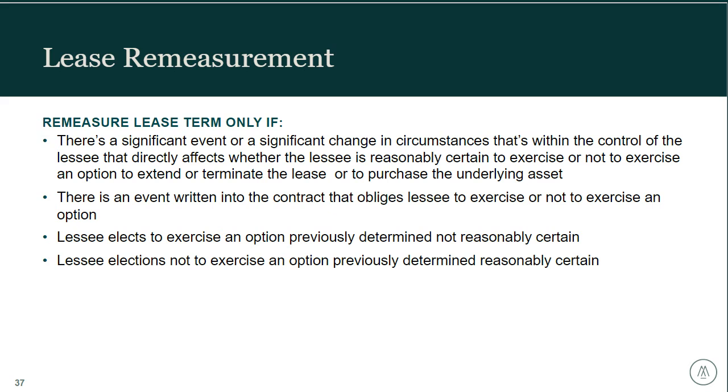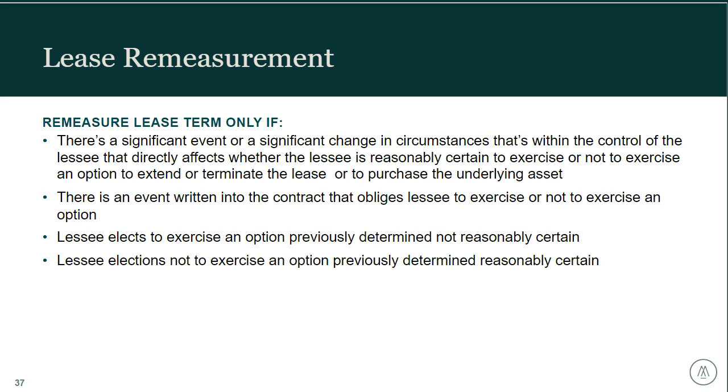Something has happened, and we are now reasonably certain to exercise that renewal option. That's when we're going to have a lease remeasurement. Again, we will use the rate in effect at the remeasurement date, and we will remeasure that liability and right of use asset from the remaining payments under the new term. So changes in market-based factors do not trigger reassessment of the lease term.